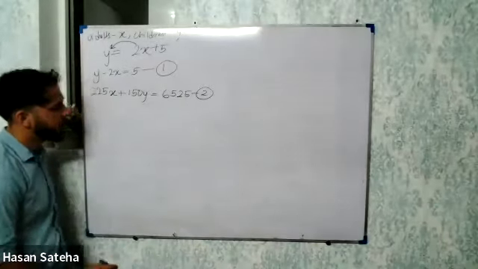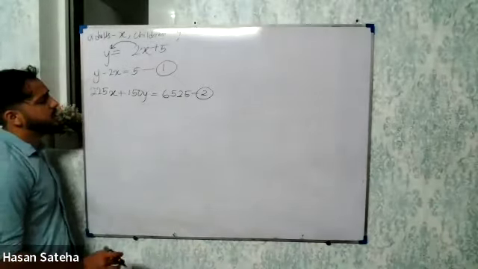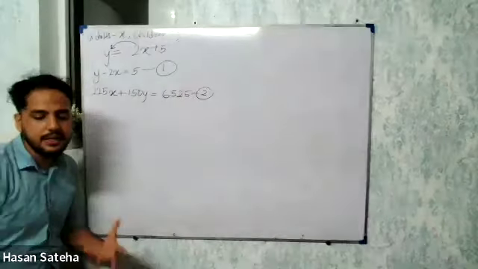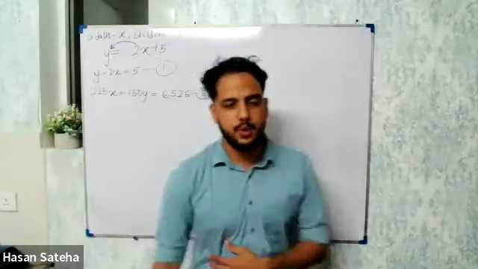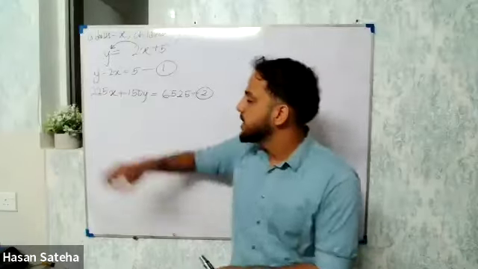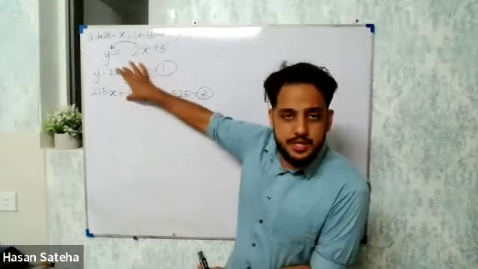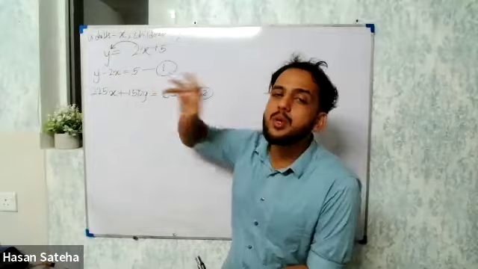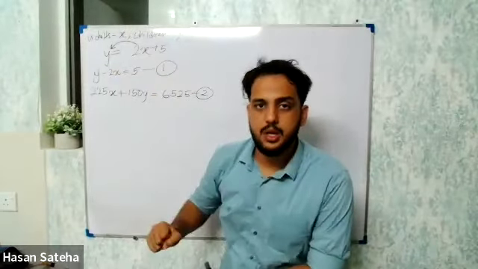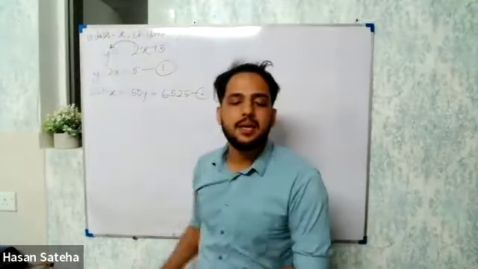Okay. Now, here I told you, first thing, what do you do? You decide what is the term. Now, I told you the idea of simultaneous equations. You have two unknown terms. You use two equations. Using the two equations, you decide to get rid of one unknown term. Right? x or y here.